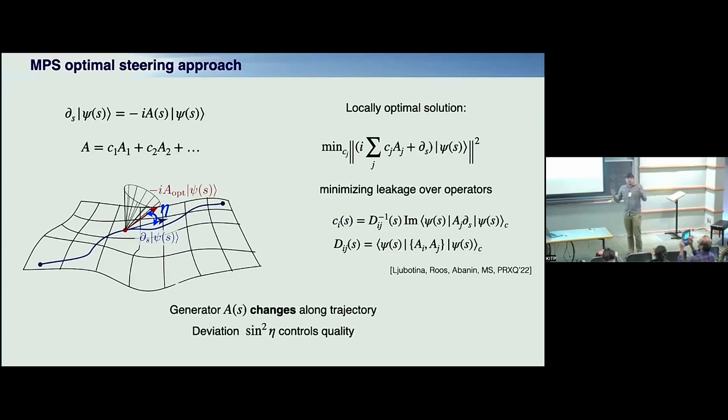And we solve this problem, but here, and that's why I think we need the Floquet setting, the idea is that for a trajectory, typically this generator is going to depend on the trajectory. So I'm solving my problem, I can do my driving very well, but the price I'm going to pay is that my operator will start depending on where I am on the manifold. And there is no free lunch, in the spirit of this talk, and this deviation controls quality.